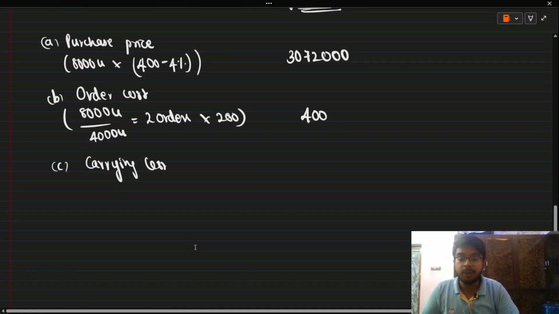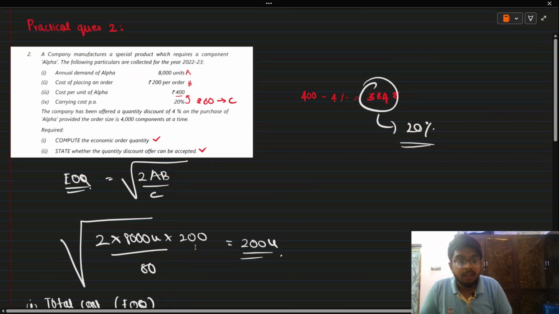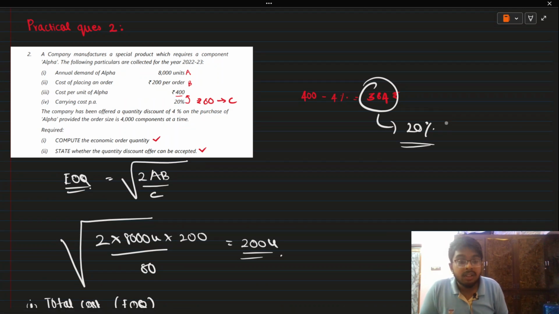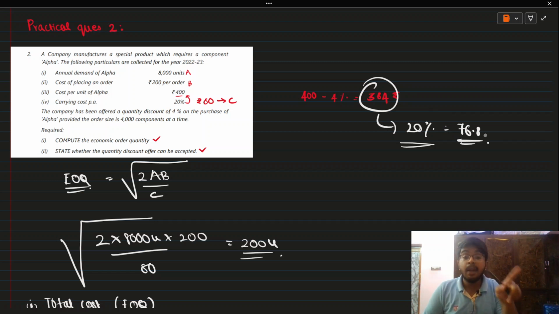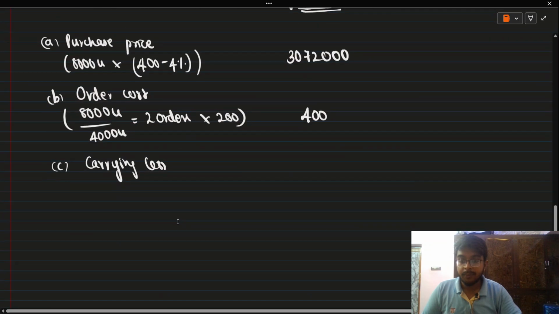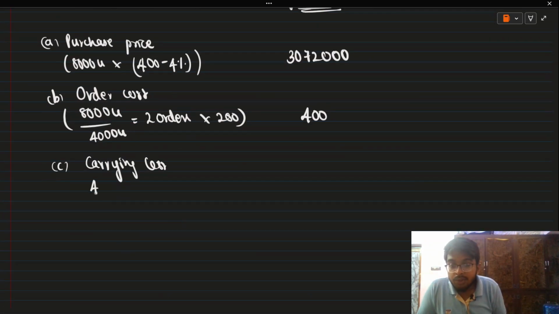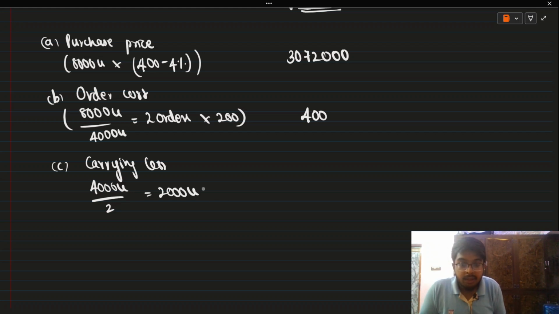So let's find that out. What is the carrying cost? 384 into 20% comes to 76.8. This is the carrying cost per unit per annum in case of situation number 2, where we are availing quantity discount of 4%. 4000 units is the order size. Divided by 2, we'll get average inventory, which is 2000 units into 76.8.